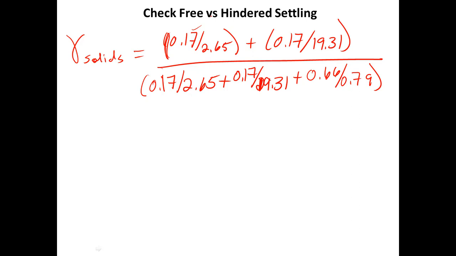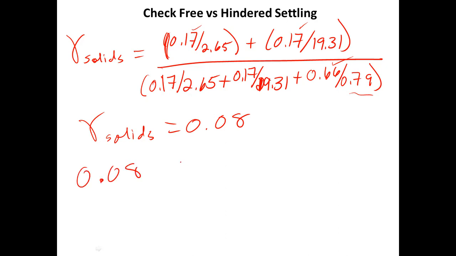So the solid quartz, solid gold, and here the 0.66 is the difference, 1 minus those values, or 0.66 divided by the density of methanol, which is 0.79. And if we do that calculation, then we get a gamma value for the solid fraction is equal to 0.08.